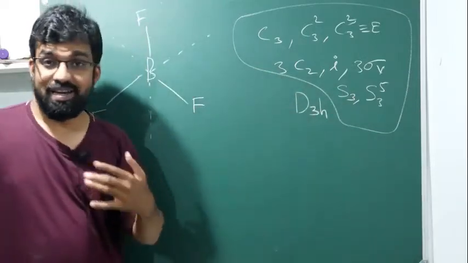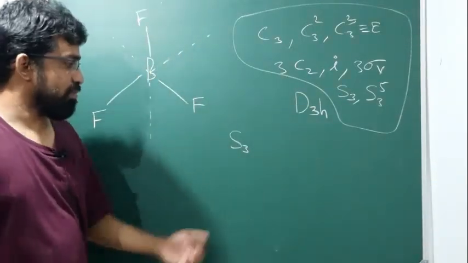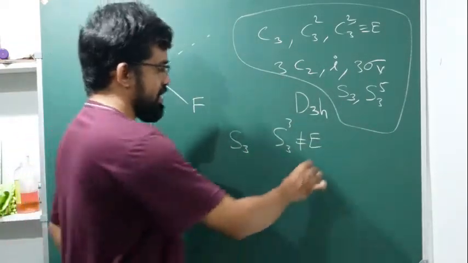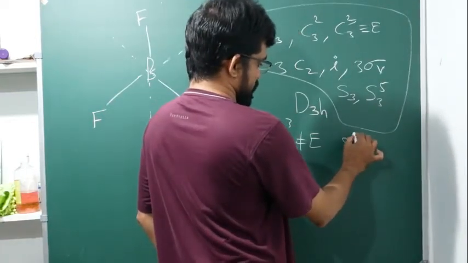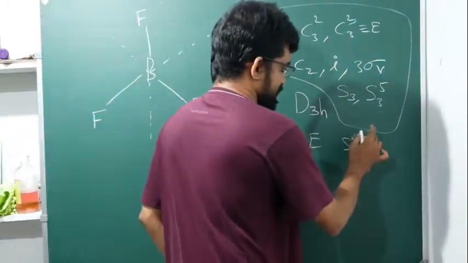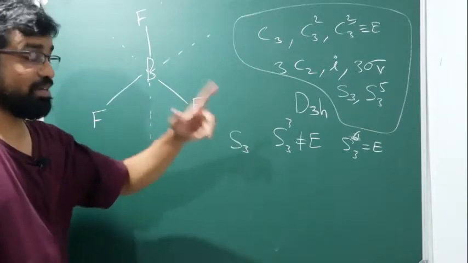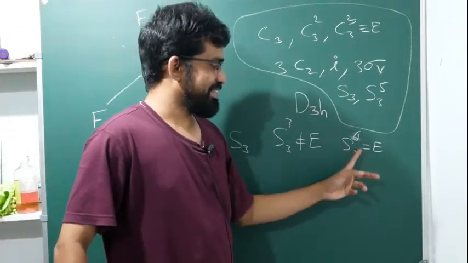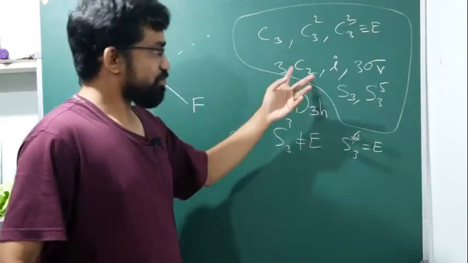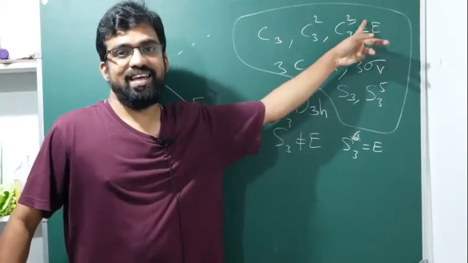I told you, if a molecule has Sn where n is an odd number, Sn cubed is not E. Sn raised to 2n is E, that is S3 raised to 6 is E. So from this I think you got some clue. So E is there, right?